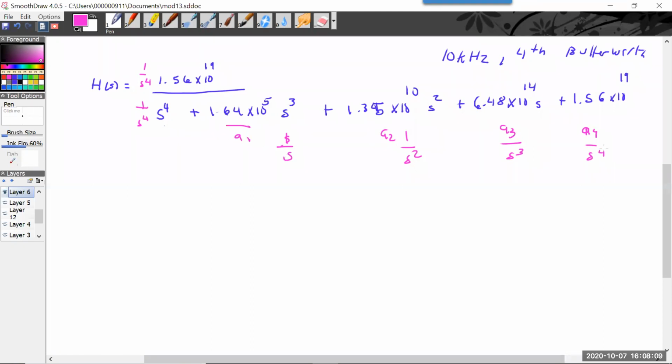So I know that the numerator is where I'm taking the output from, and I have to take it out of 4 after 4 integrators. All right. And that A1, this is my constant that gets fed back in after 1 integrator. This is my constant that gets fed back in after 2, after 3, after 4.